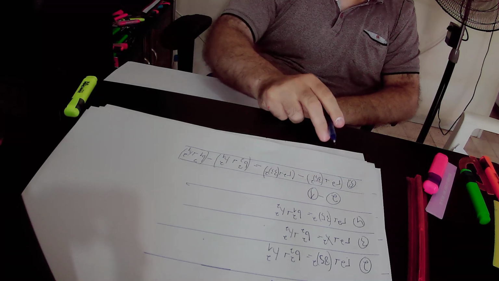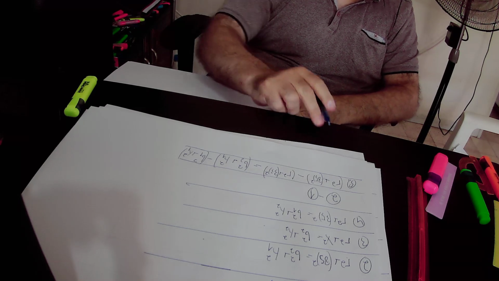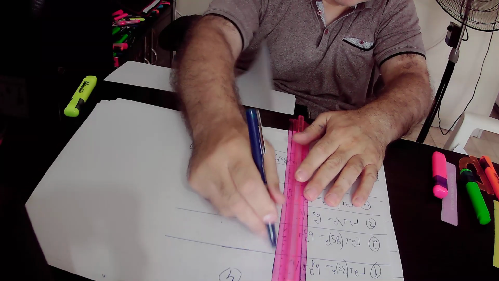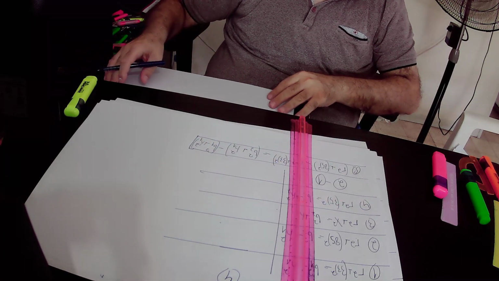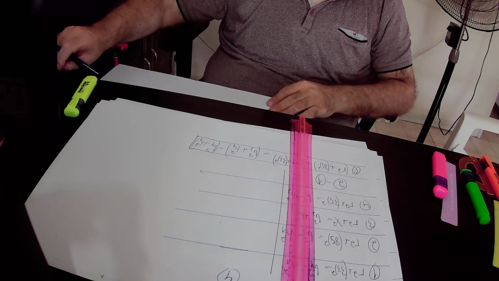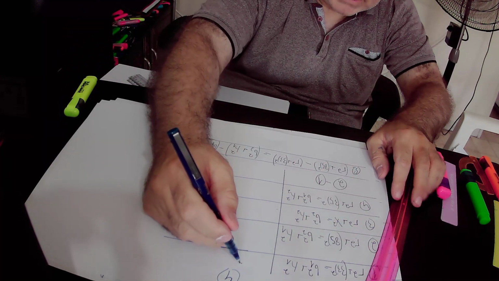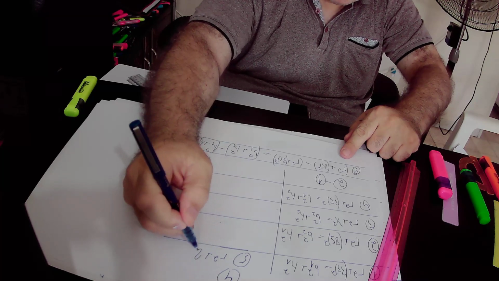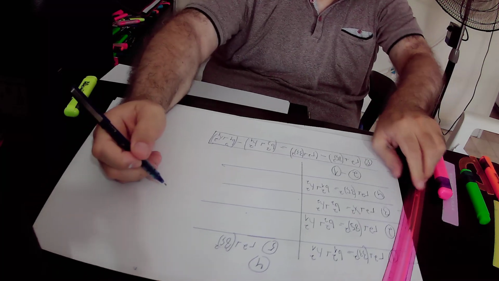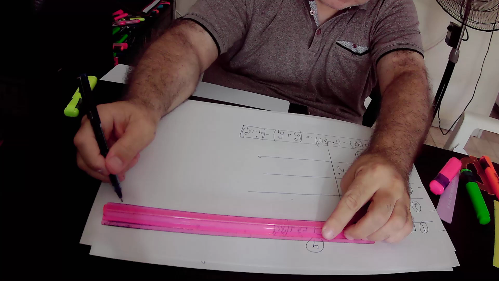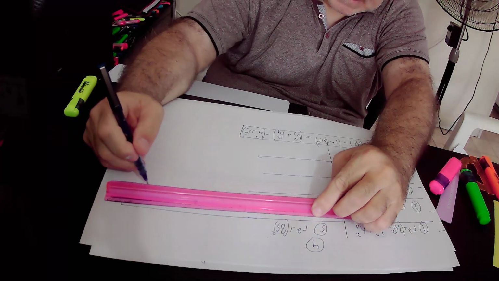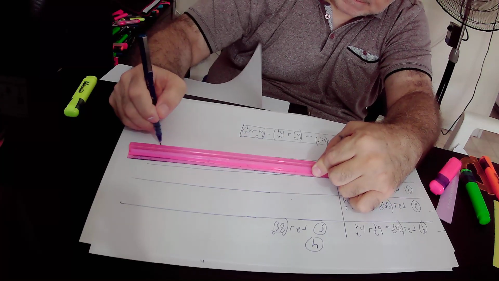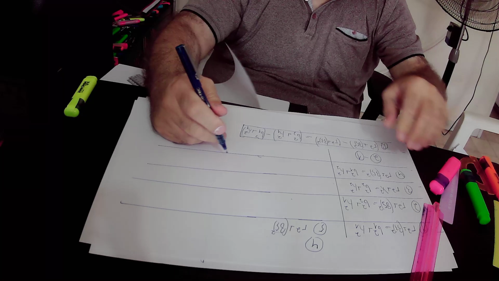Now we'll open the brackets of this equation number 5, and you'll get that according to equation number 5: R square plus 85 square.